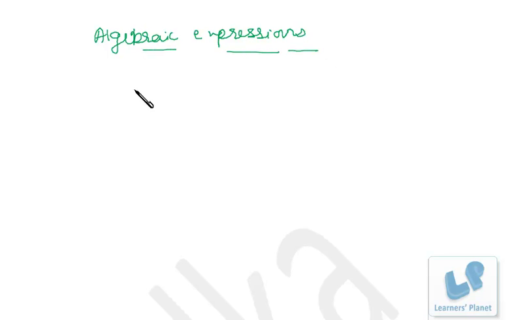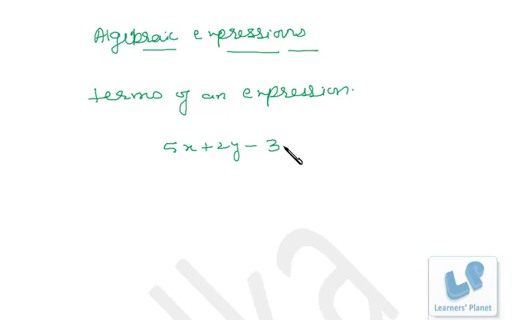Now friends, let's discuss terms of an expression. We discussed algebraic expressions. I just write an algebraic expression over here, say 5x plus 2y minus 3z.